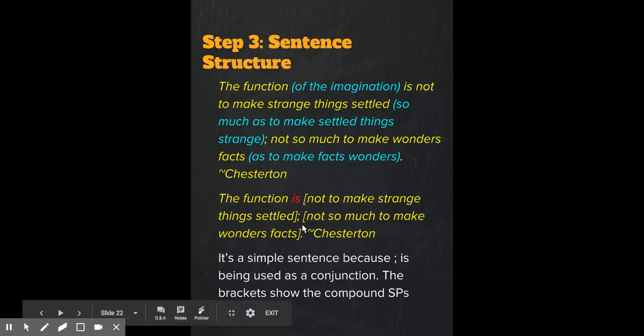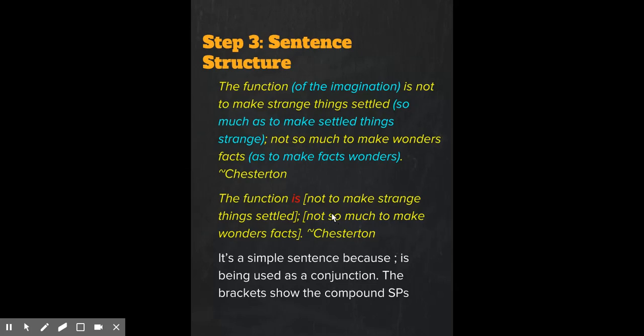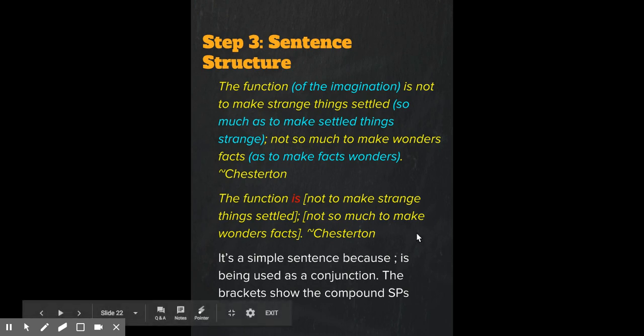So looking at this, I told you it was tough. I gave you a tough one. You can see that there's no dependent or subordinating clauses. So we have compound elements, but we don't have a compound sentence because there's not two independent clauses. There's just one independent clause with two compound complements, predicate nominatives.